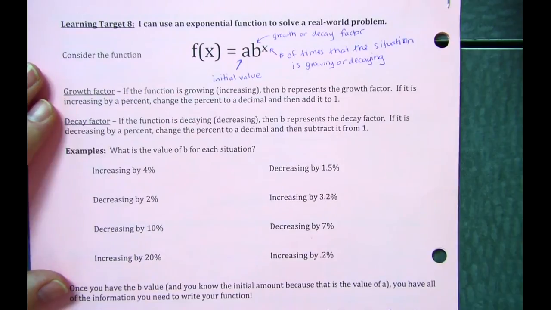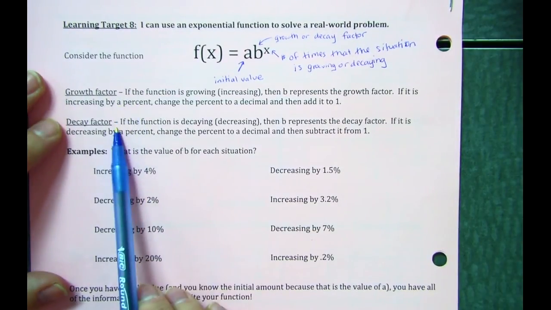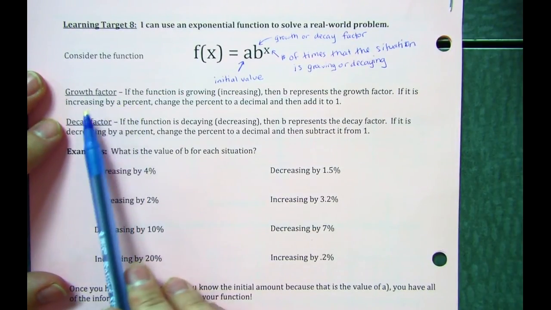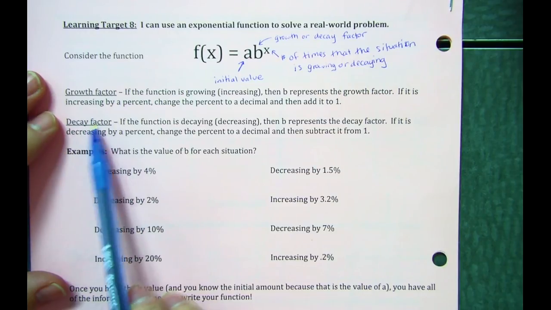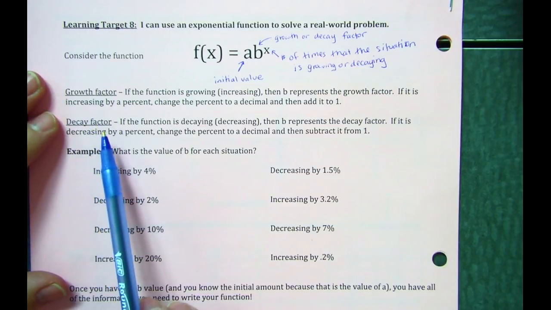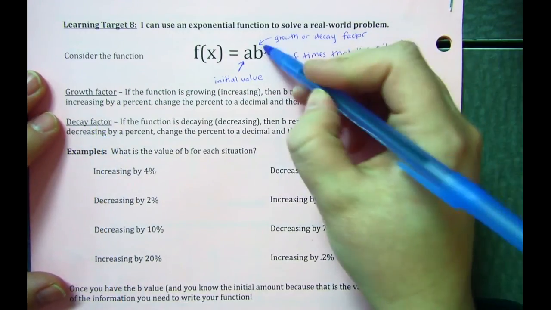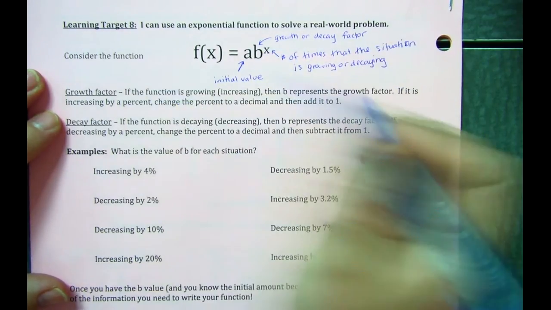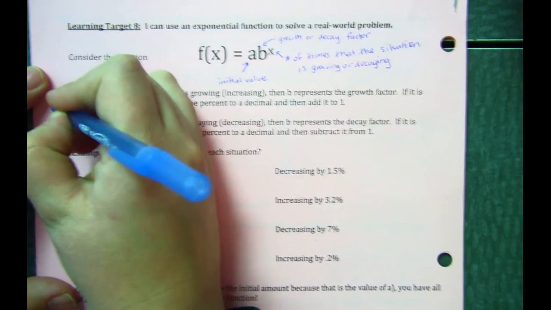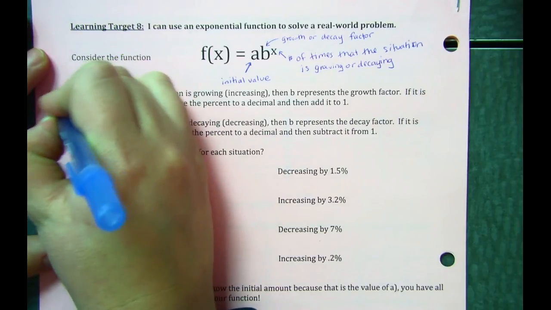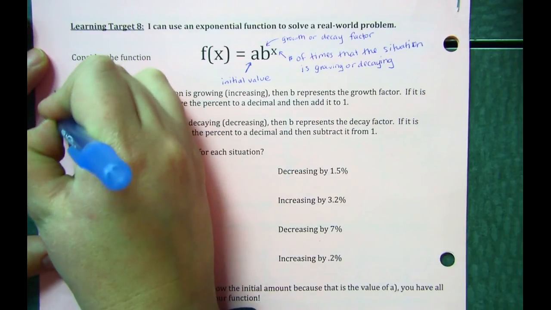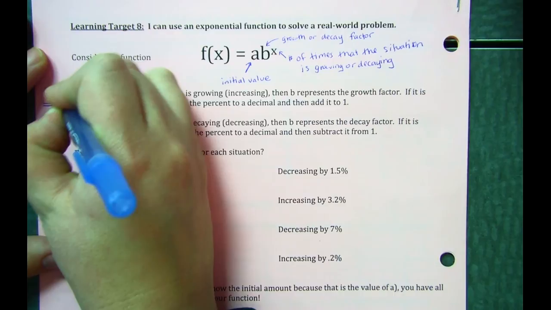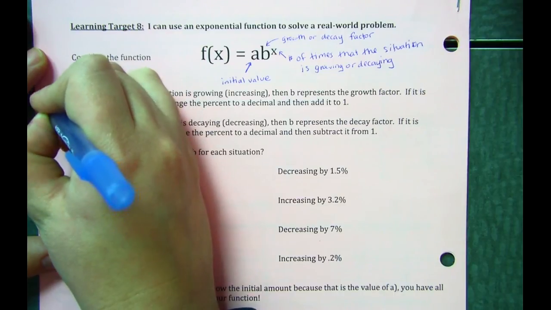Now the growth factor and the decay factor work differently if you're dealing with a percent growth or a percent decay. Both of them are b, but a growth factor is going to make your function get bigger and bigger and bigger. So if b is a growth factor, your exponential function is going to look like that.